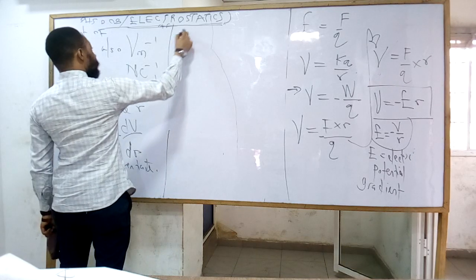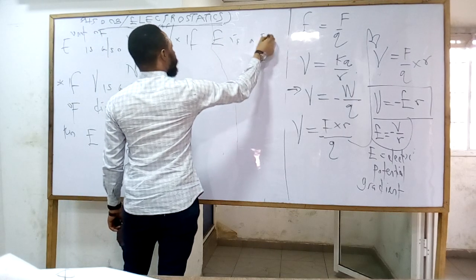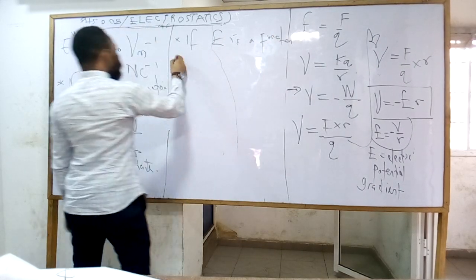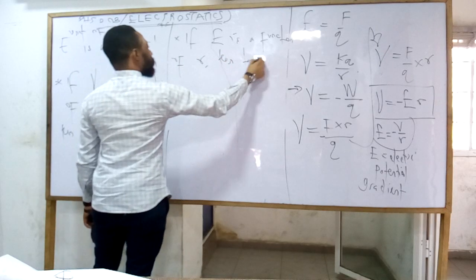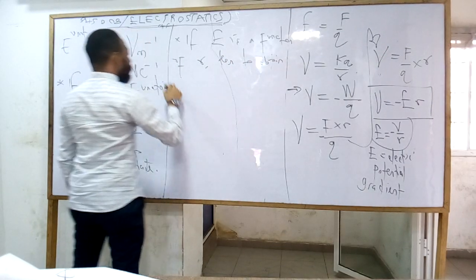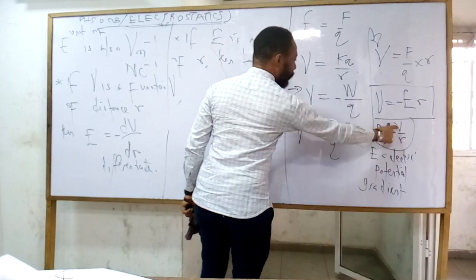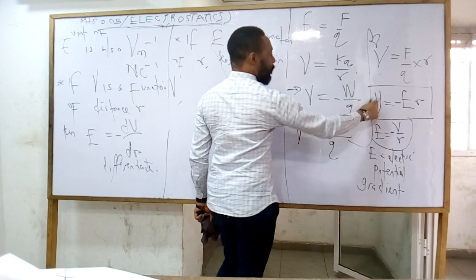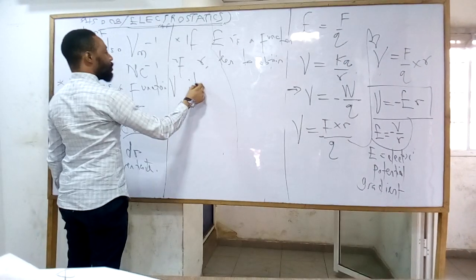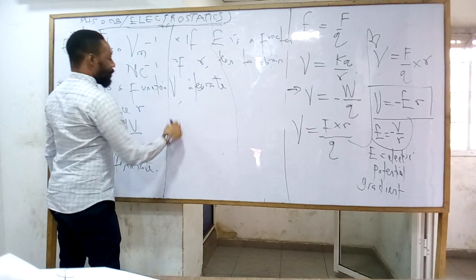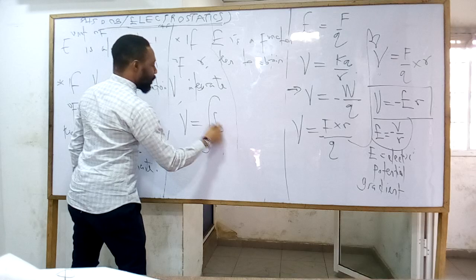Similarly, if E is a function of R, then to obtain V, common sense: to obtain E from V, I have to differentiate. To obtain V from E, I have to integrate. So in that case, my V equals the integral of E dx.